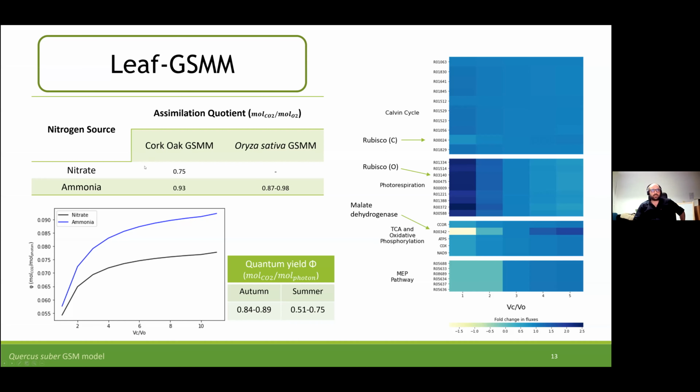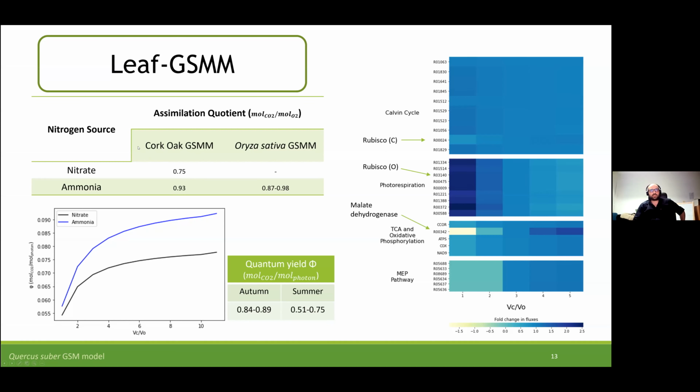And as expected in literature, the quotient when using nitrate is lower than when using ammonia as a nitrogen source.